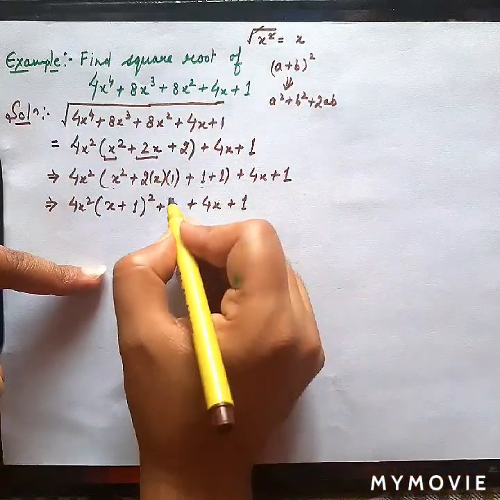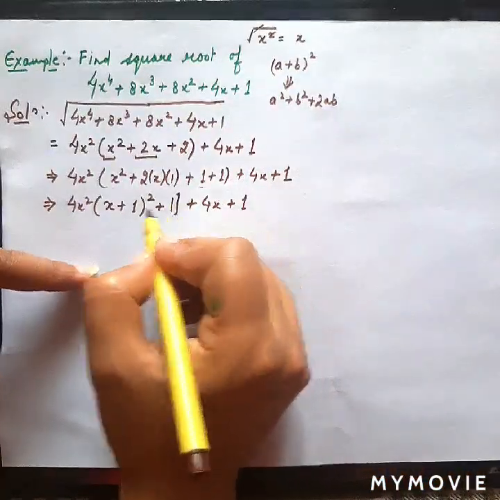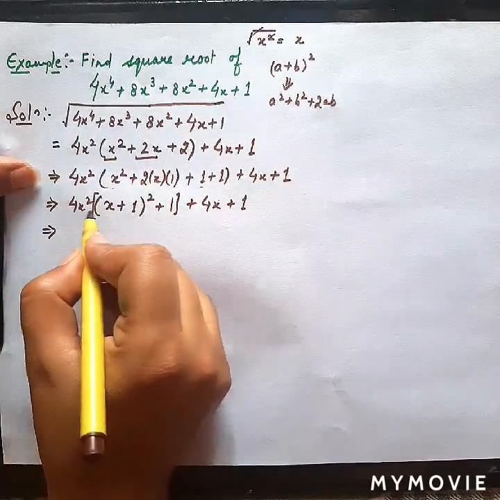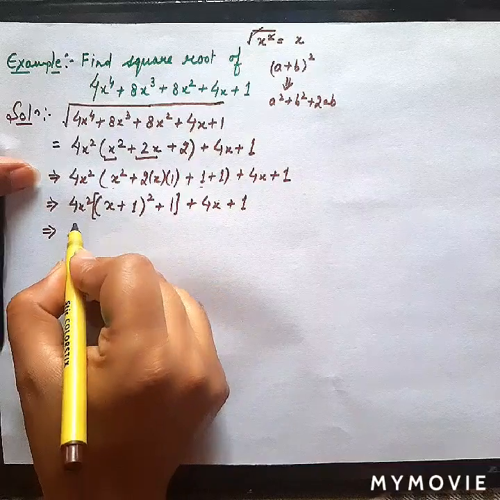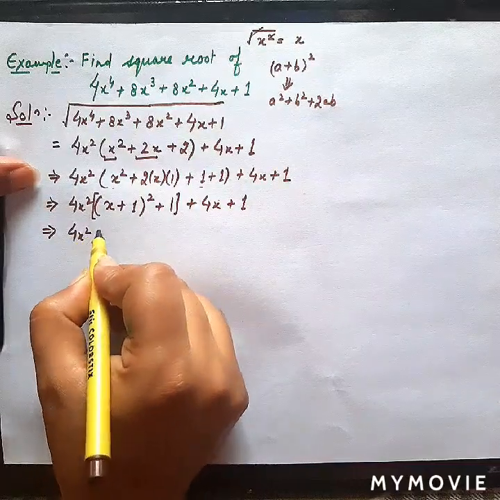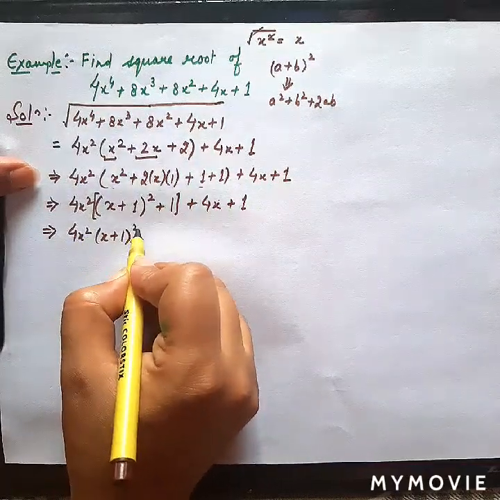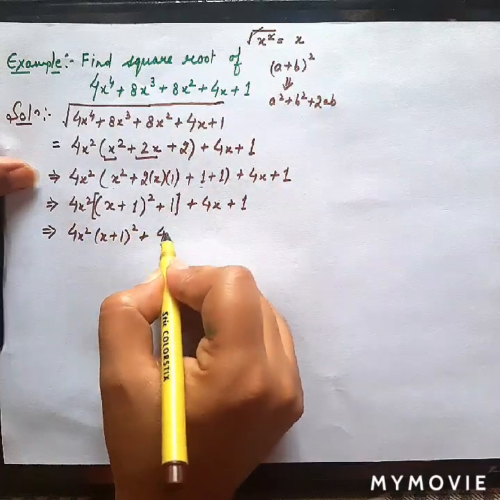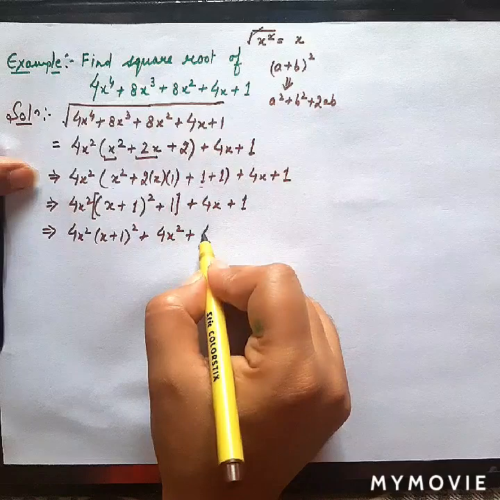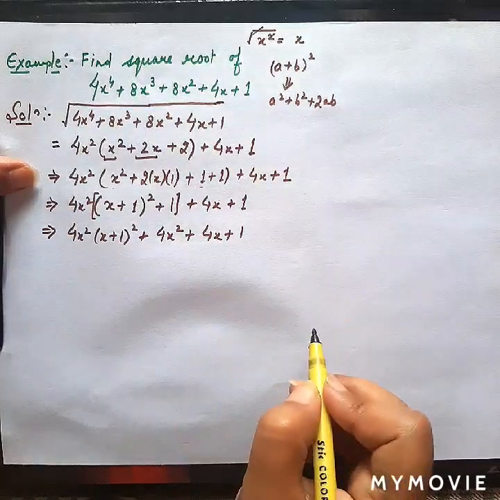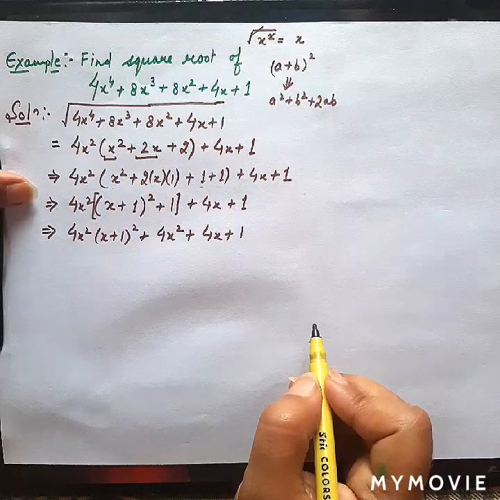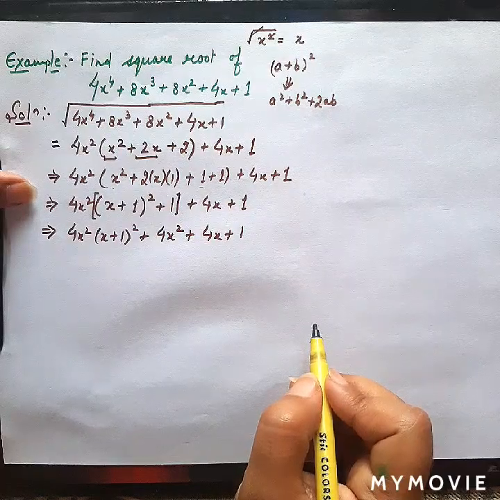Now again, we will open these brackets and multiply 4x^2 with (x + 1)^2, then 4x^2 + 4x + 1, right? Now what will be our next step?